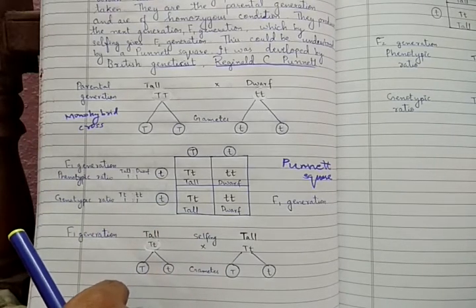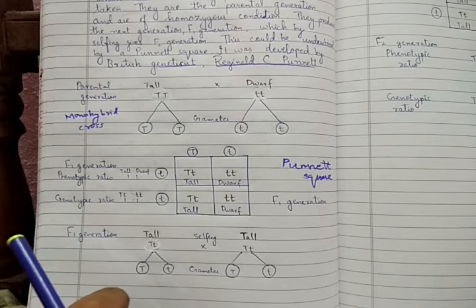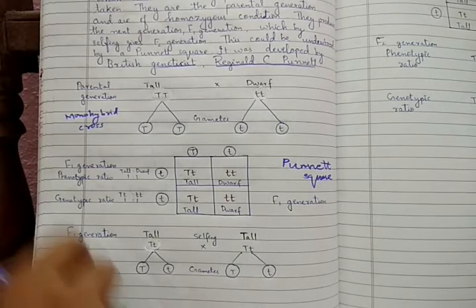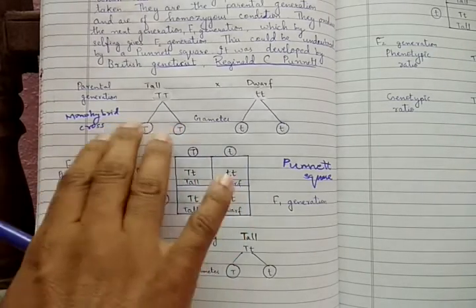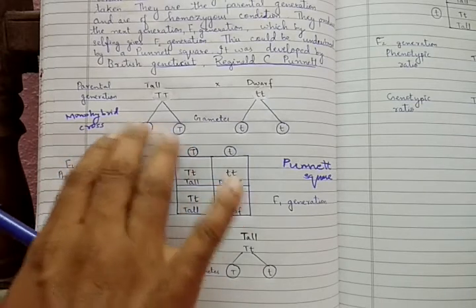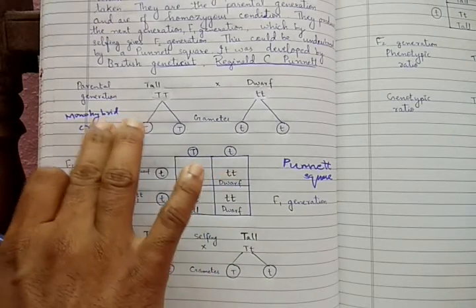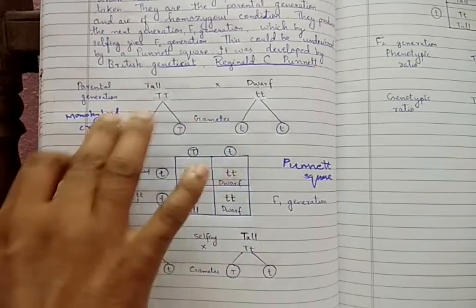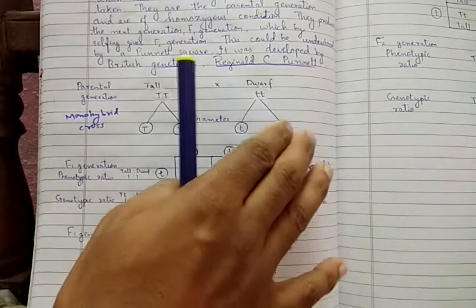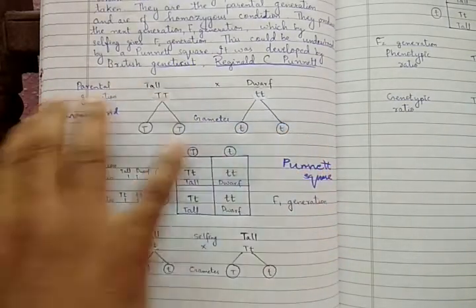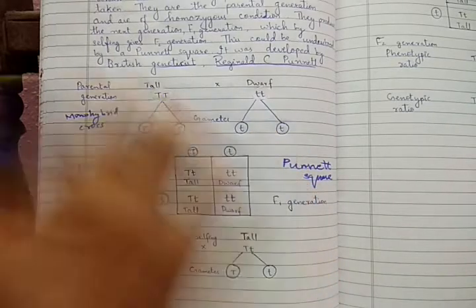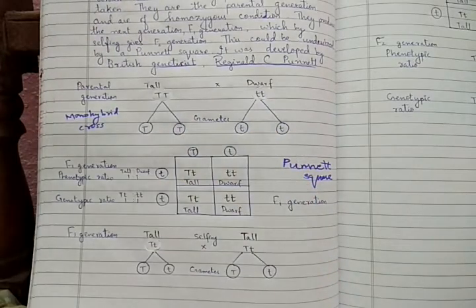So for that purpose, suppose we are having 4 gametes from a particular thing. If we are having 1, 2, 3, 4 gametes from this side and 4 gametes from that side, then we will take the double of the number of the gametes from each side.